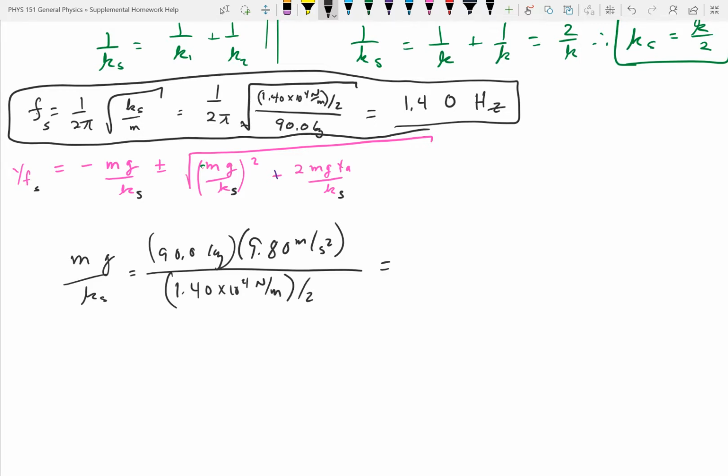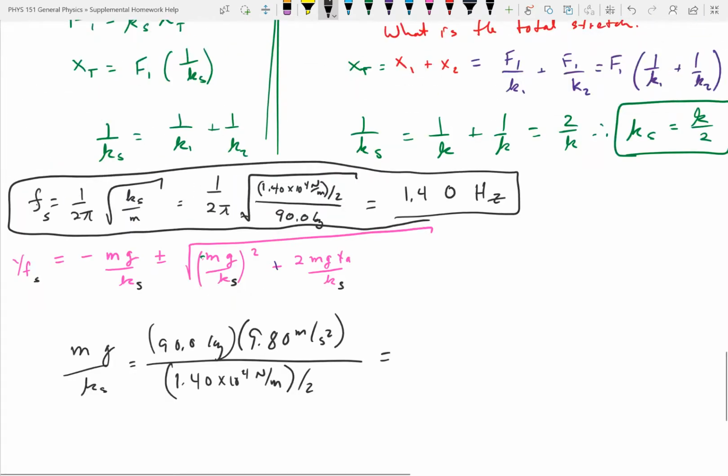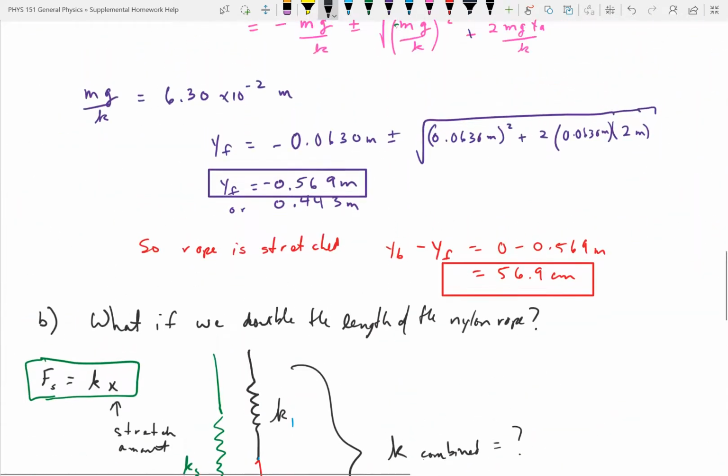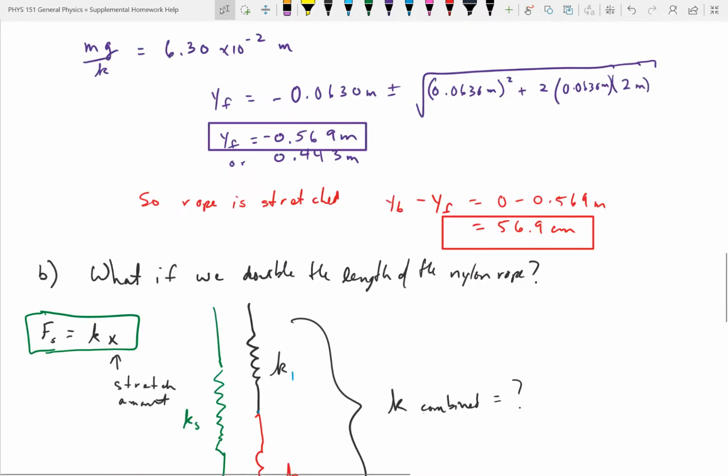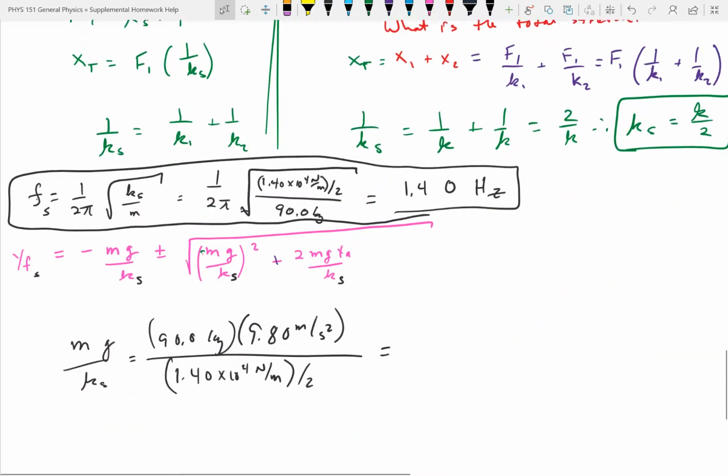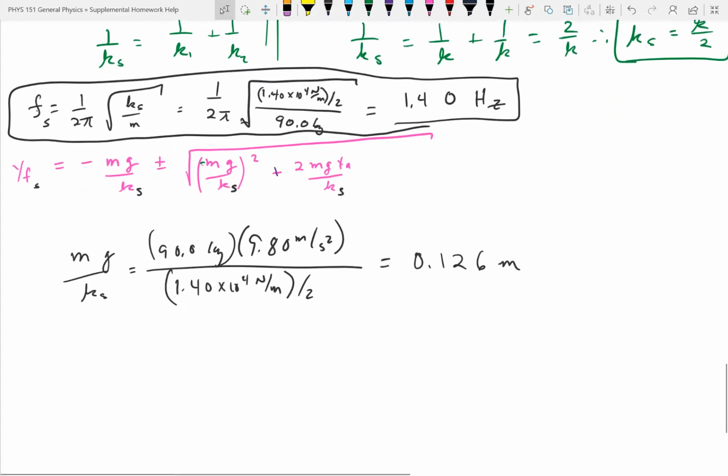So here I'm putting the mg over ks since that appears everywhere. And I calculated up here what it was, so I'm just going to take that and multiply by 2. So that's 1.26 times 10 to the minus 1. So that'll make my calculation a little bit simpler.